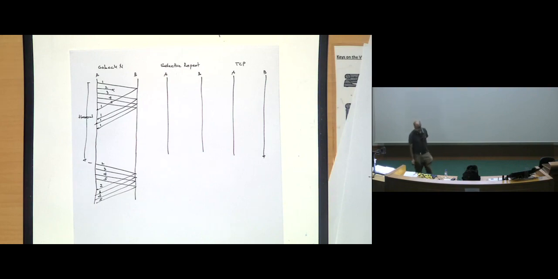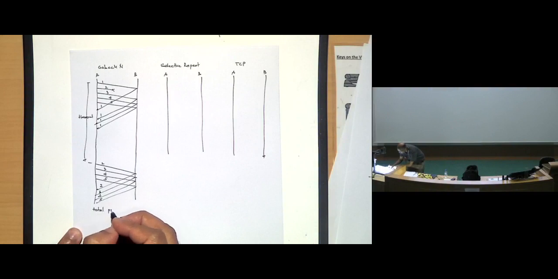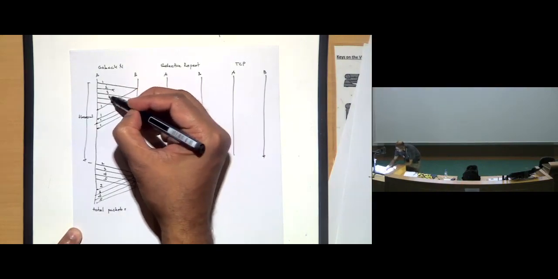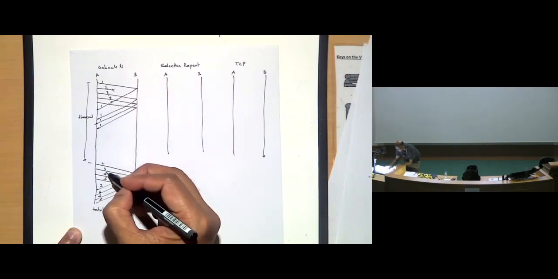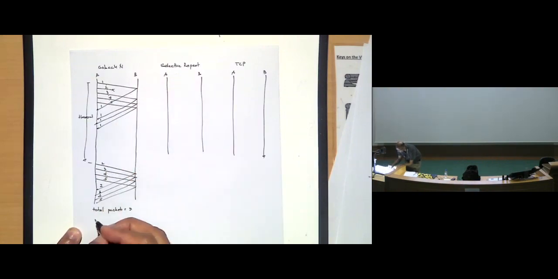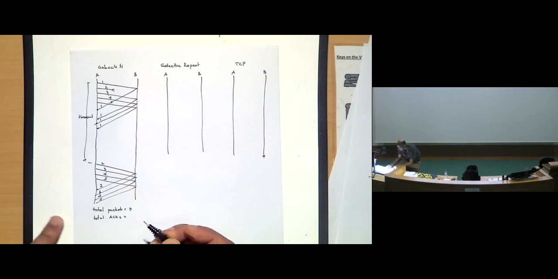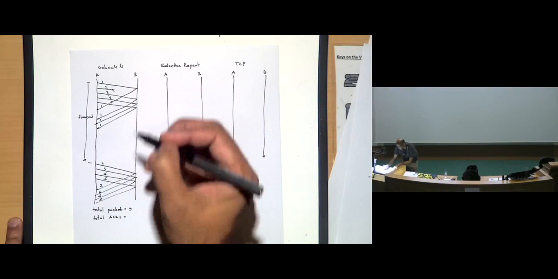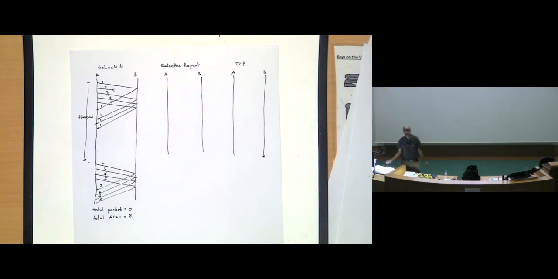Okay. So then we can see total packets: 1, 2, 3, 4, 5, 6, 7, 8, 9. How many ACKs did we get? 1, 2, 3, 4, 5, 6, 7, 8.